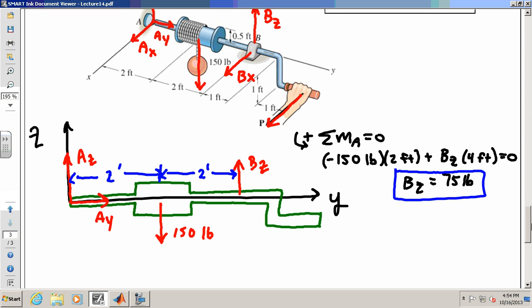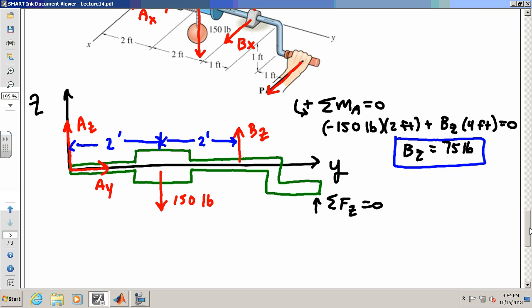But even easier would be to just sum forces in the Z. So let's sum forces in the Z equals 0, up is positive. AZ plus BZ minus 150 equals 0, but I already know BZ is 75. So AZ is also 75.